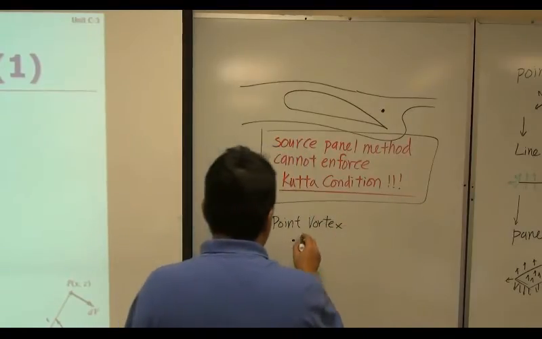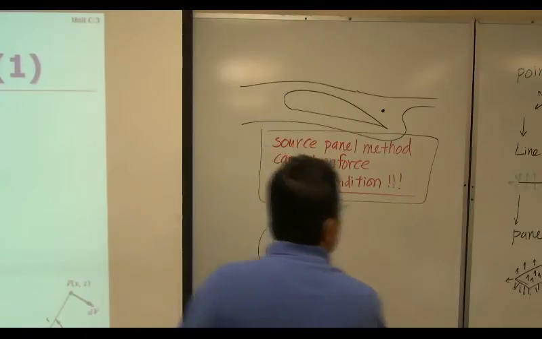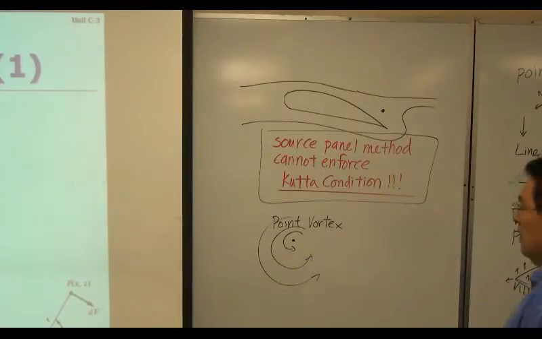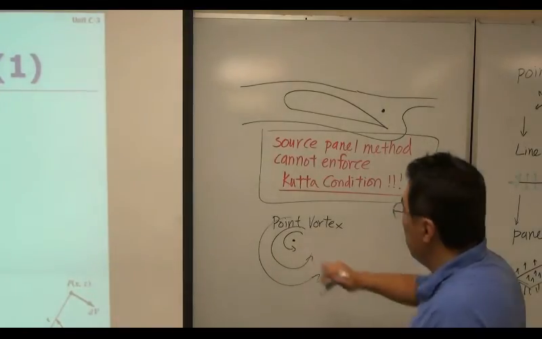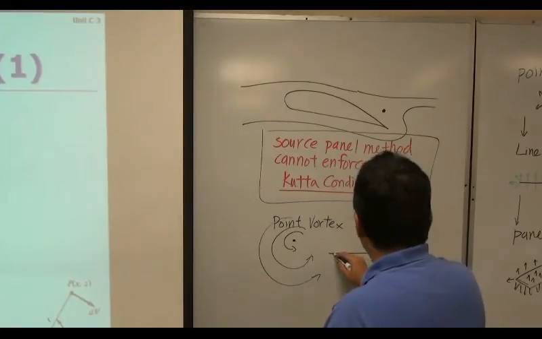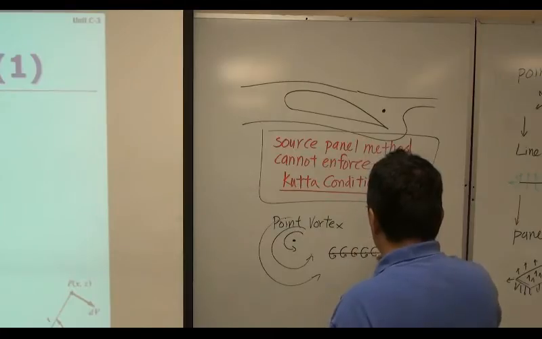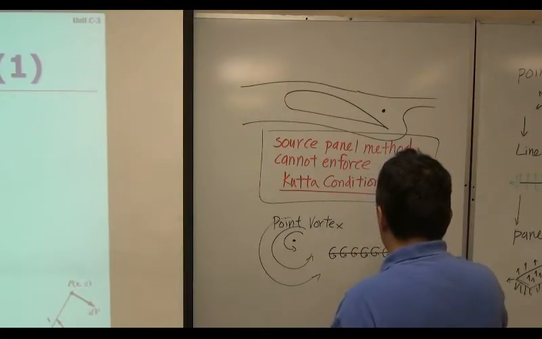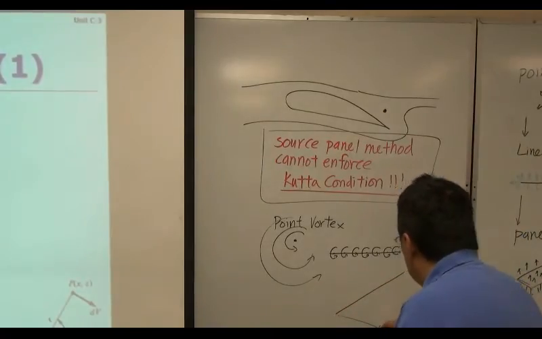So this is called point vortex. This one also induces velocity. And then let's think about a line of vortex. This is the line created by a series of point vortices lined up in a line. And then of course you can create a panel of vortex.